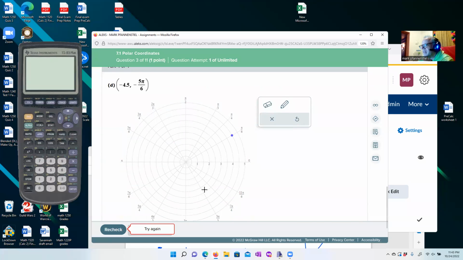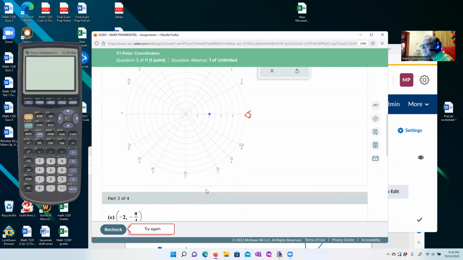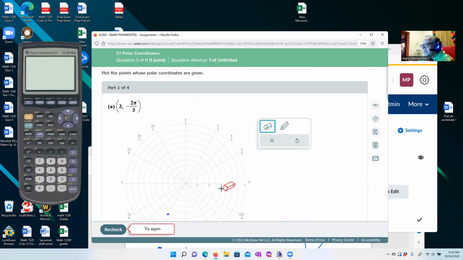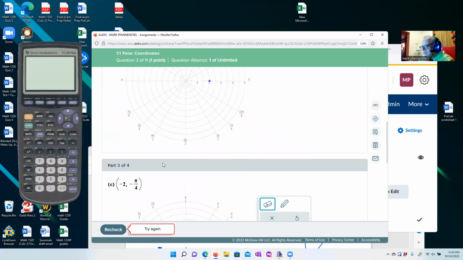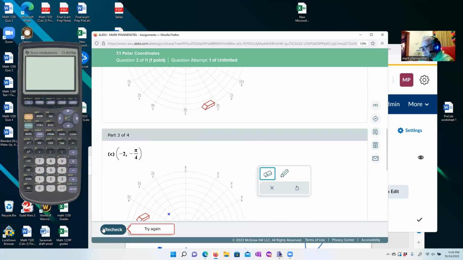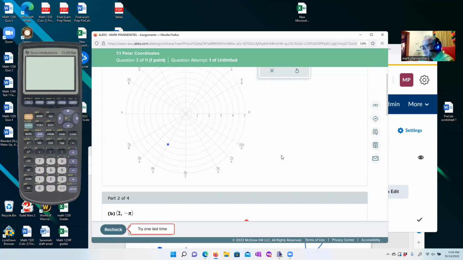Okay, how about this one? They were pretty happy with this. That's good. Okay, so I think they flagged all the ones that they didn't like. So we'll go ahead and recheck it. So we'll be careful about drawing these things in. Make sure we cover the radius well. But yes, it is going to take a little bit of practice in both getting the coordinate system and in maneuvering the pencil to get to the right thing that we want to deal with.